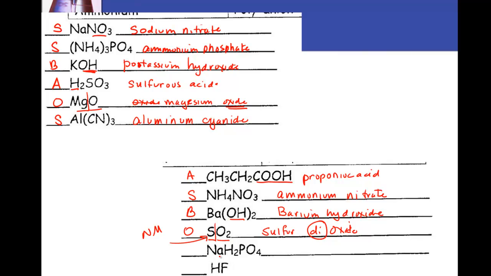And now we have sodium dihydrogen phosphate. And dihydrogen phosphate is the name of that polyatomic ion. This is a salt. Now actually it's an acid salt, because these hydrogens in here can act like acids, but it is a salt. The compound does not start with hydrogen.